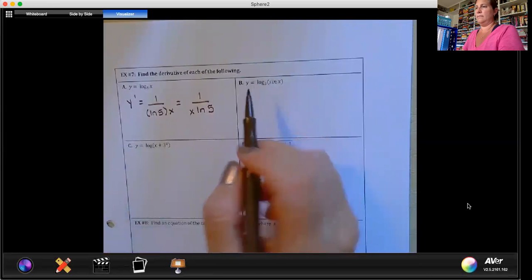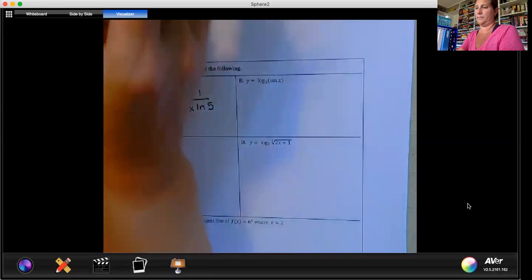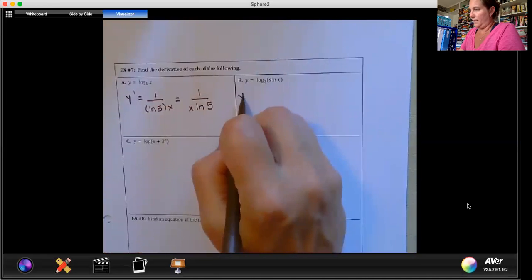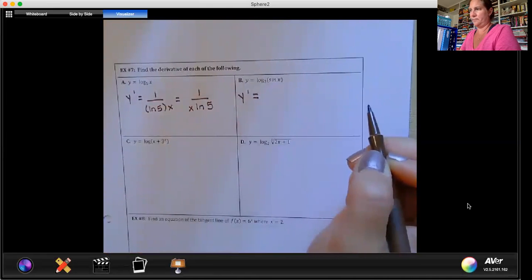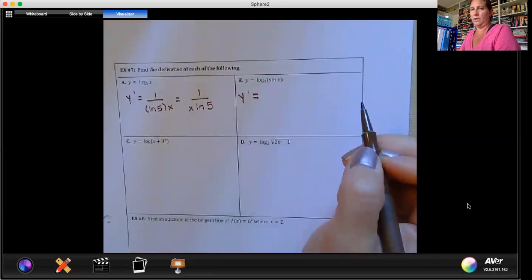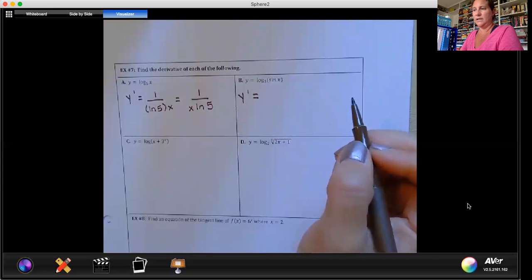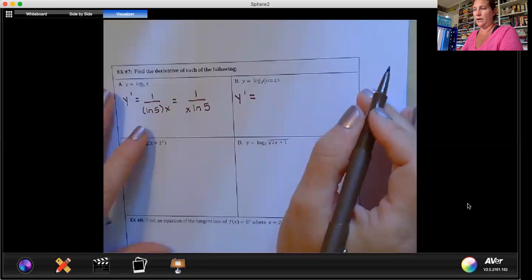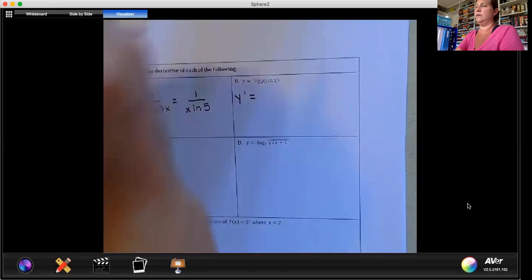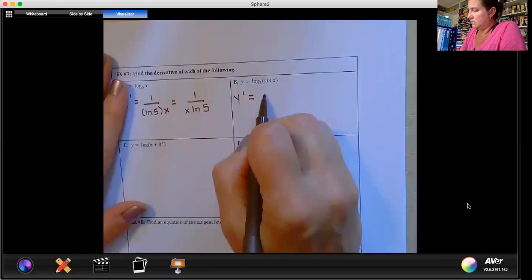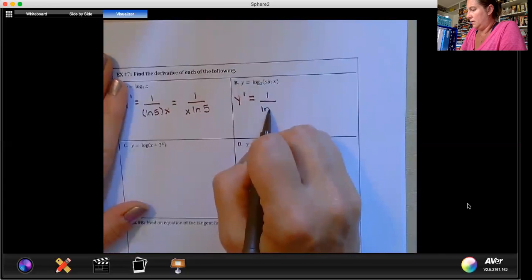For B, y prime. So we're looking at log base 3 of sine of x. This one has an additional derivative that we have to look at. So we're going to do 1 over ln of 3.